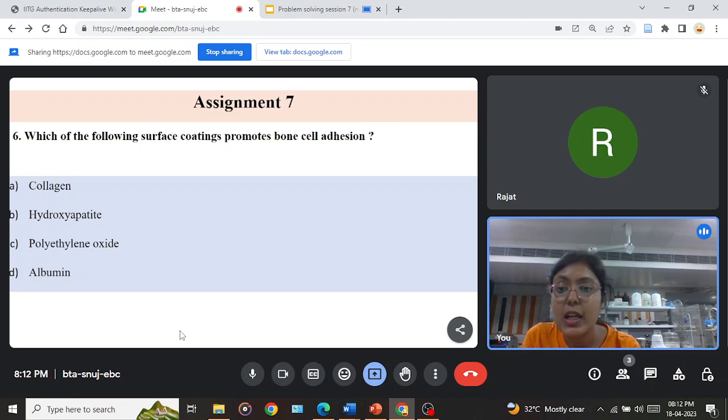So you have to tell me what kind of surface coating promotes the bone cell adhesion. In the previous question we were asked what kind of surface coating resists the platelet adhesion. That was albumin. Herein you are asked what kind of surface coating promotes or helps in the bone cell adhesion.